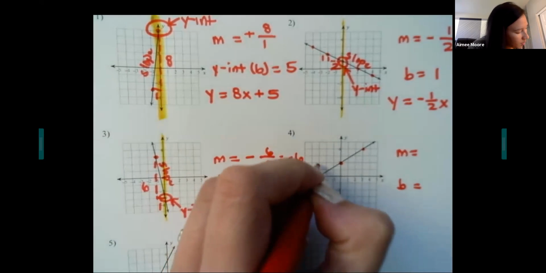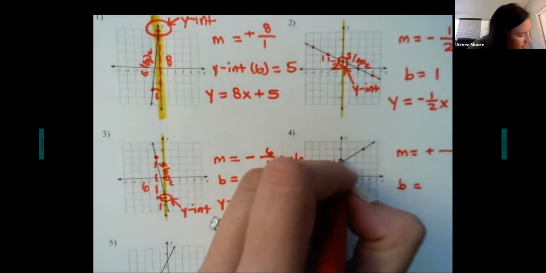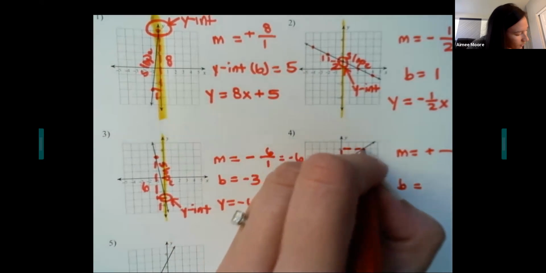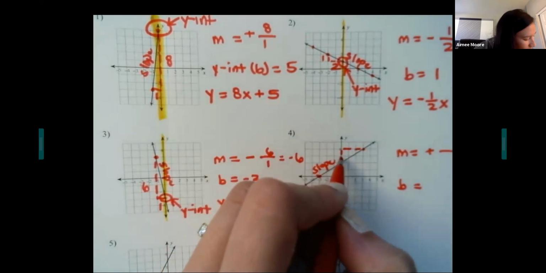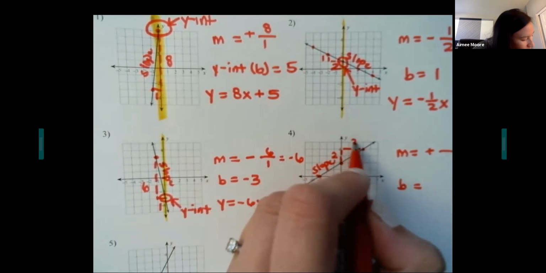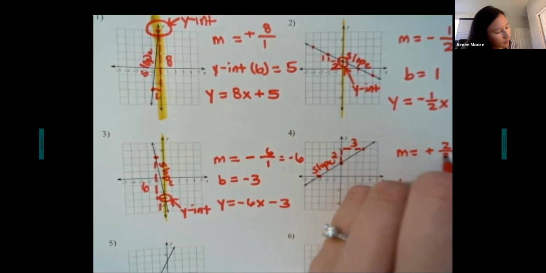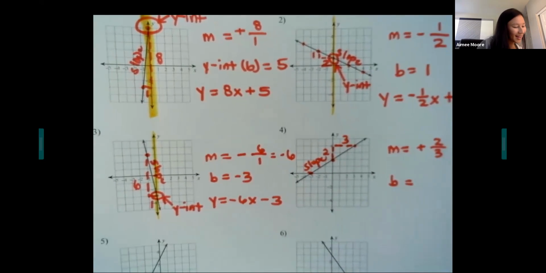So then we'd write slope on our line. We know that our slope is positive. Create a slope triangle. So our rise is 1, 2. Our run is 1, 2, 3. So our slope is 2 over 3. And then would the B be the 2 again, right? Excellent.